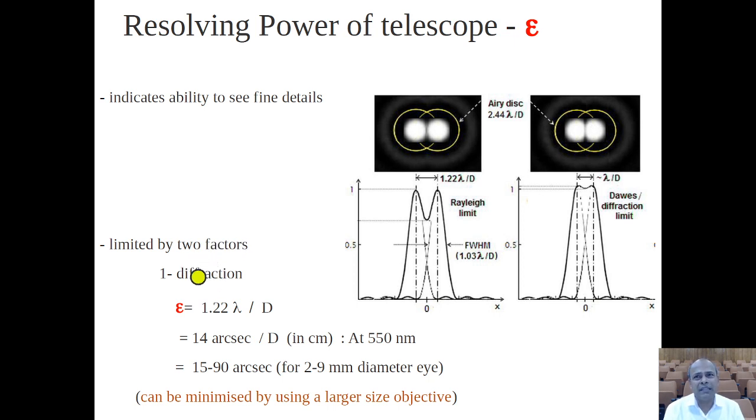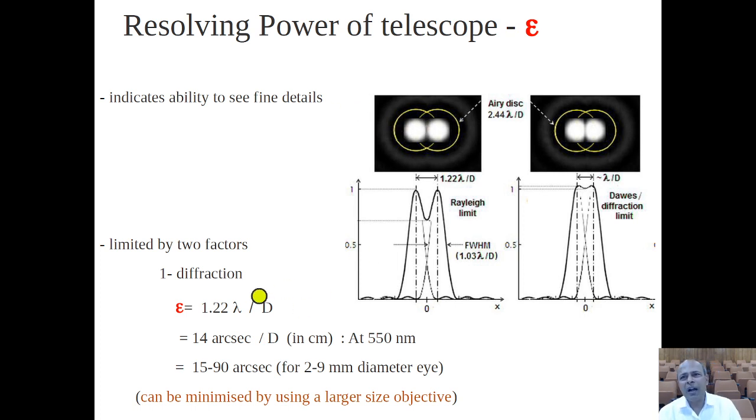One is of course the diffraction limited formation of the image, and so we define the Rayleigh criterion: the angular size of the image formed by the optics is 1.22 lambda by d. This is the Rayleigh limit, which refers to the ability to resolve two nearby sources.